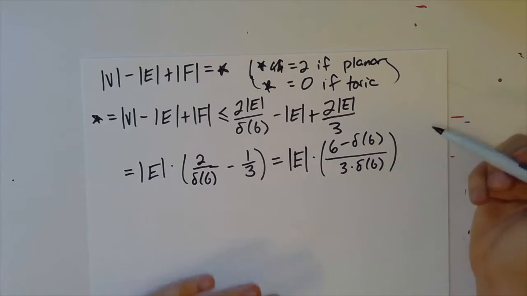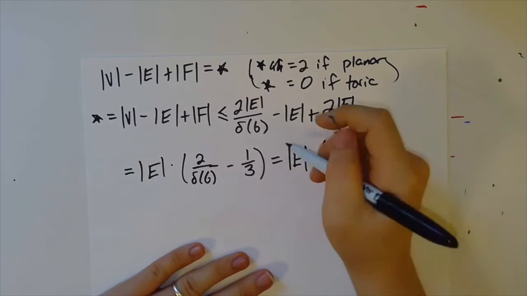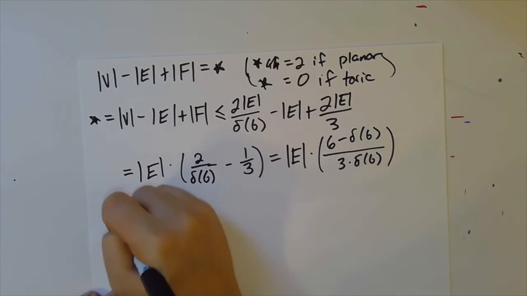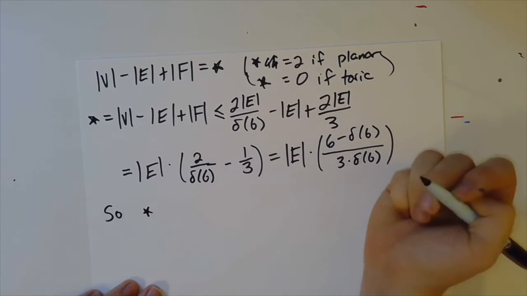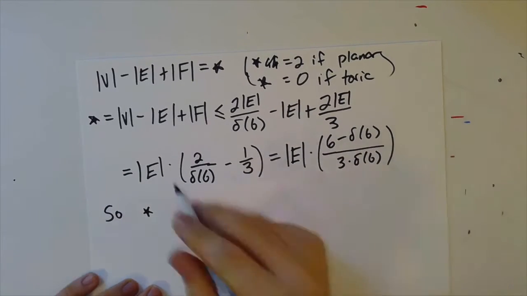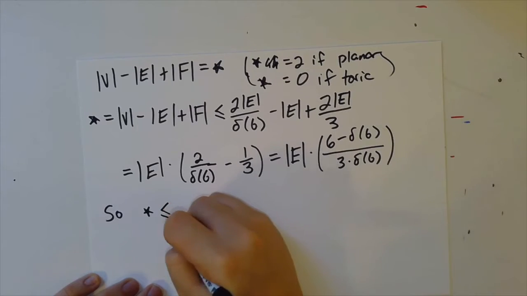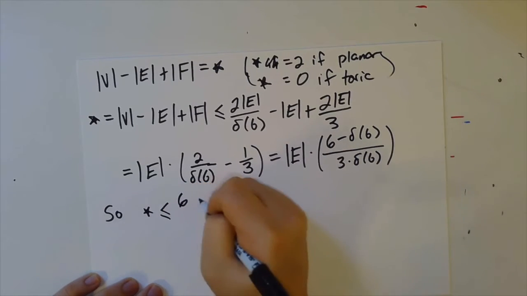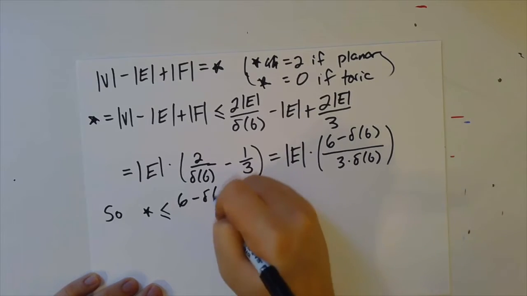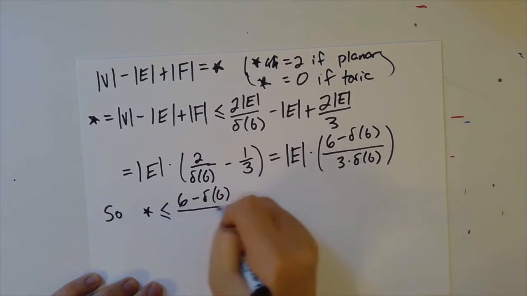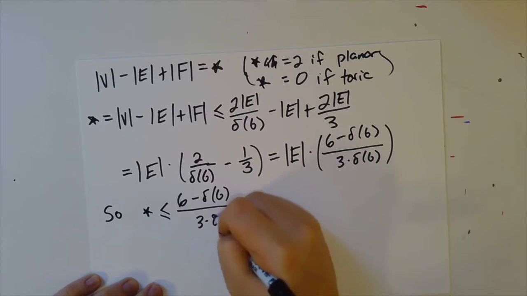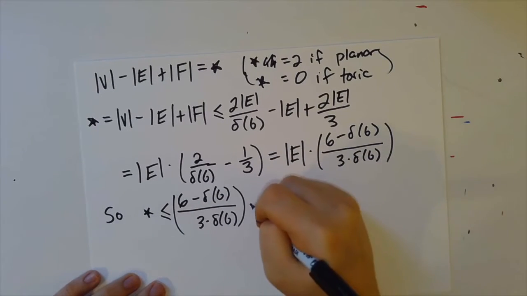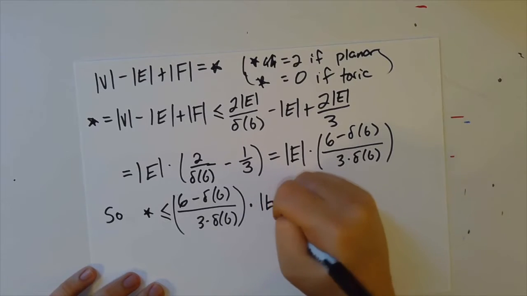Okay, so here is something, and again, remember the thing we've shown is that this asterisk, whatever it happens to be, it's less than or equal to this number, 6 minus delta of g over 3 times delta of g, times number of edges.